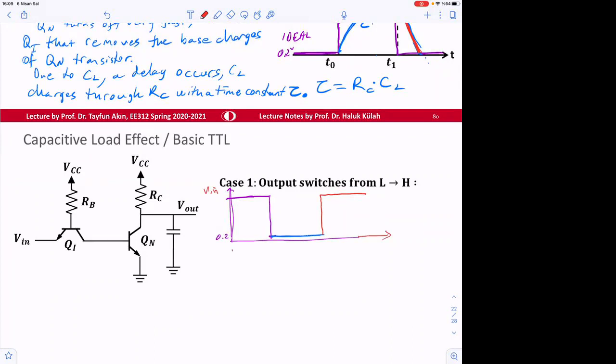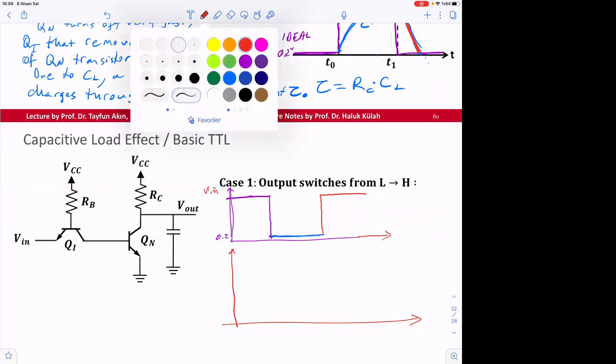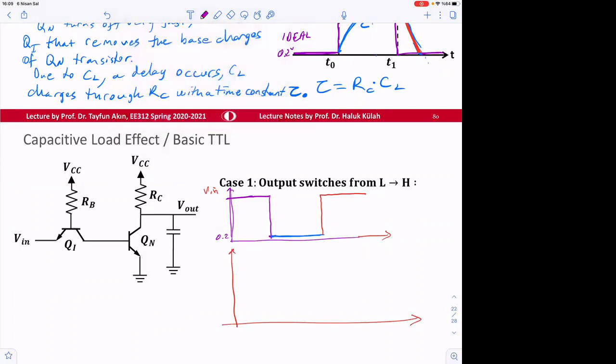So the output is going to first switch, let's say this one. It used to be 0.2. And then this will be increasing like this with a tau.